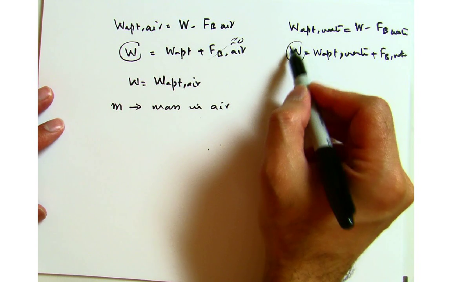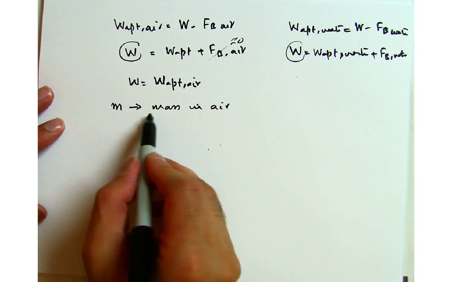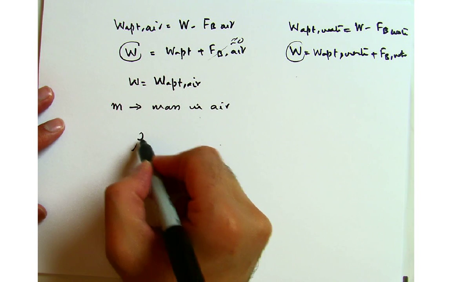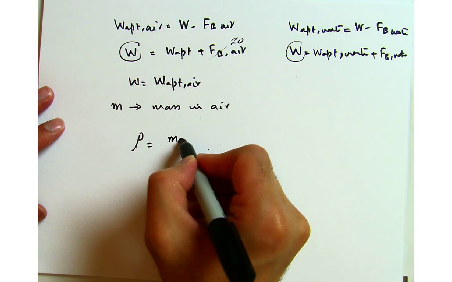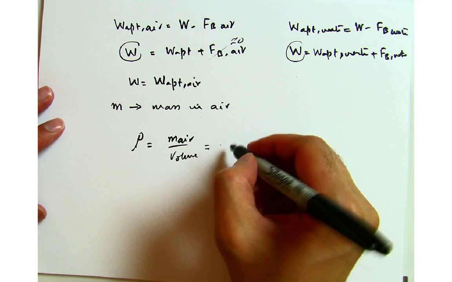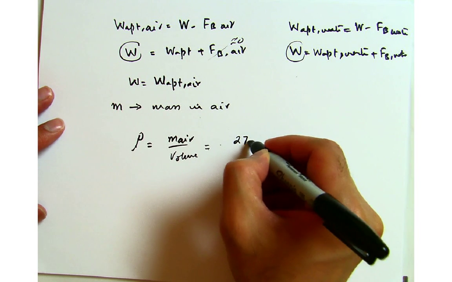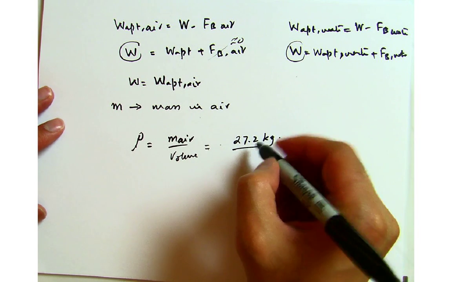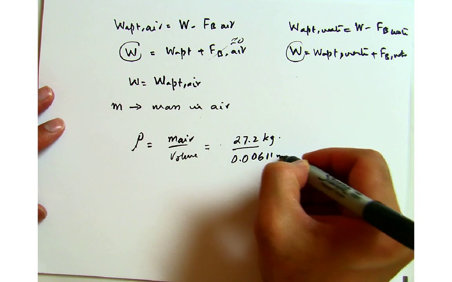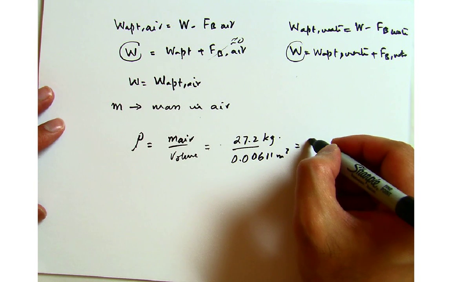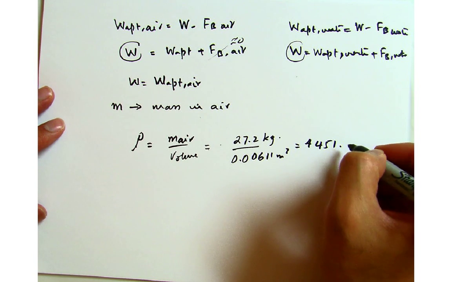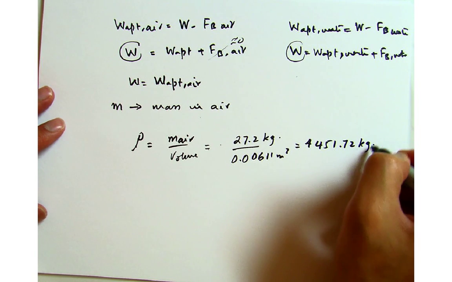Otherwise, I will have to look at this W to find the density, so it will be the mass in the air. So now the density is mass in air divided by the volume, and we have this as 27.2 kg divided by 0.00611 cubic meter, and the density comes out to be 4451.72 kg per meter cube.